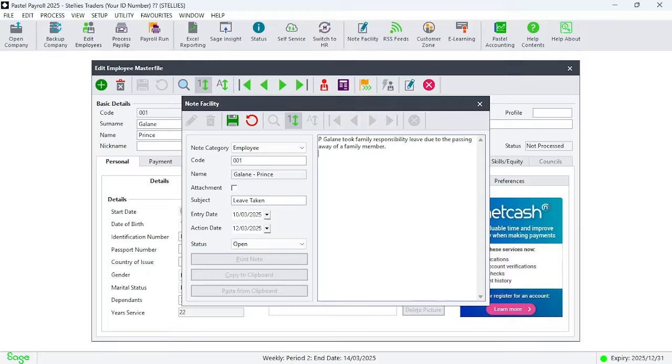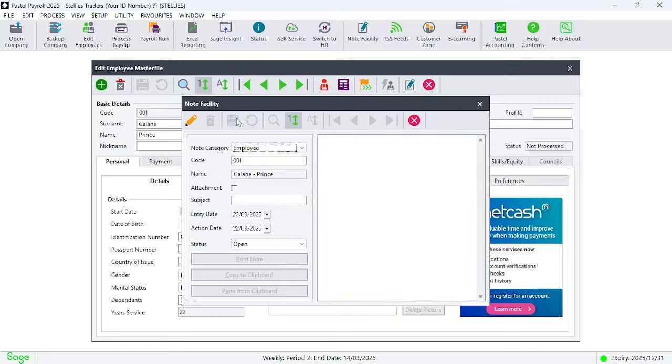We will not take it as I stated, and you then can state the dates from 10th March 2025 to 13th March 2025. Right, and then you will save this.